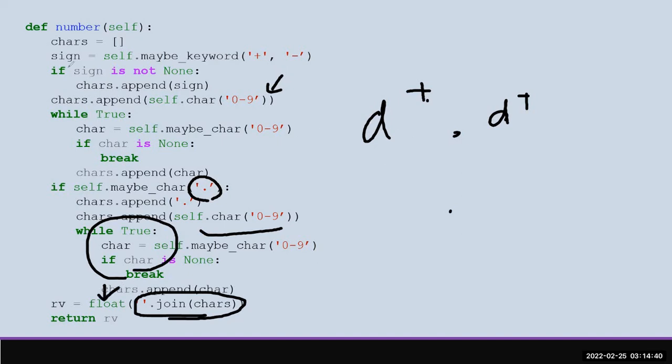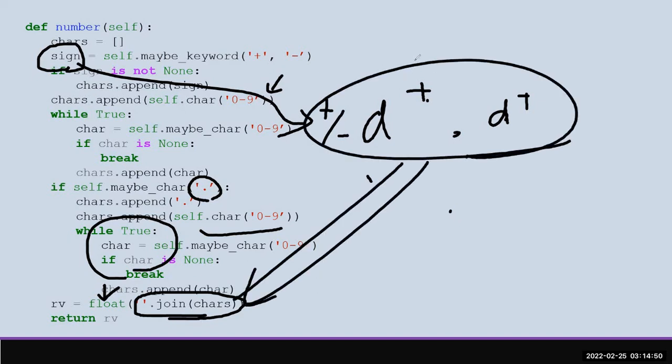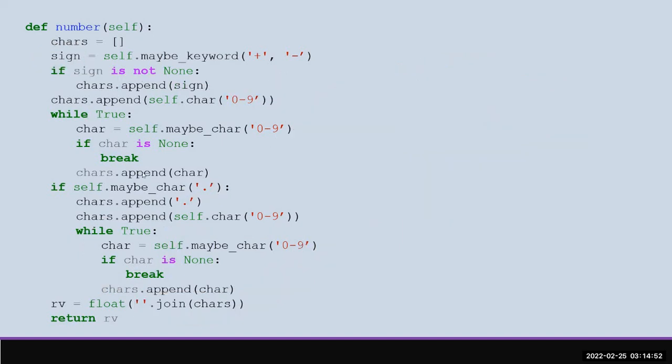Before you evaluate that, you already have a sign, plus or minus, here. This whole string joined together, you will evaluate for your return value. So if any of them is not 0 to 9, then you will not evaluate. Here, you will keep evaluating it.